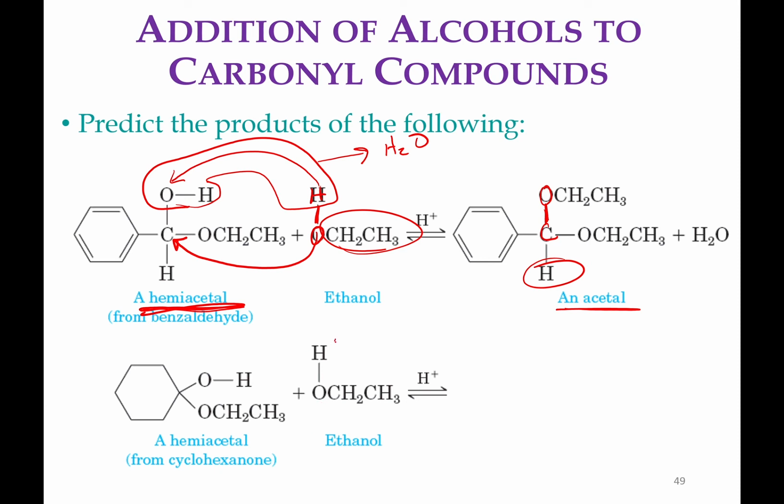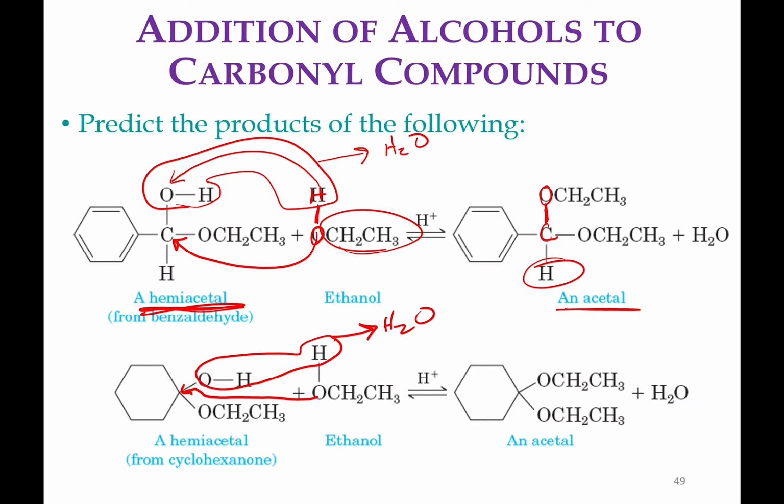Here we're going to get this one that goes and forms water. The oxygen comes in, bonds with the carbon, and we get here, this is actually a ketal because we have ROCOR, but then we have R groups on either side. There's no hydrogen, so that's a ketal.